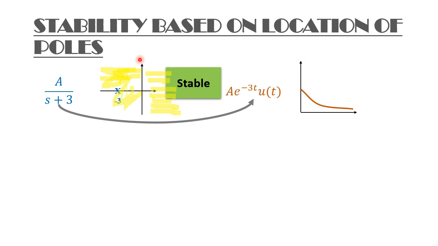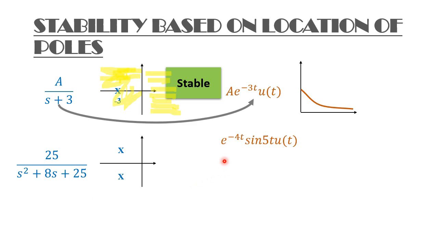Now let's see another one, like this one. Okay, and the location of poles for this one is given as this, as we have studied in the time response chapter. Now let's see the Laplace inverse of this.